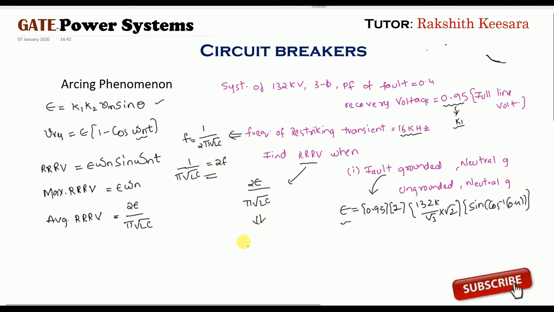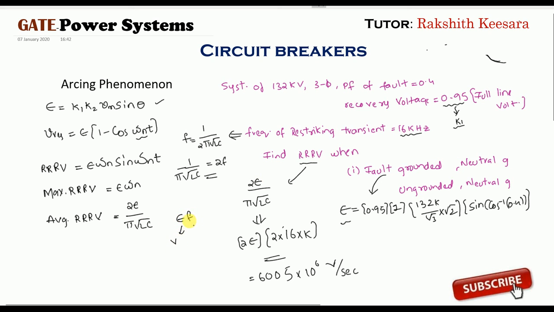So my answer will become 2E into 2F. You already know the value of E. F is 16 kHz. This is my answer. The answer will be 6005 into 10 power 6.